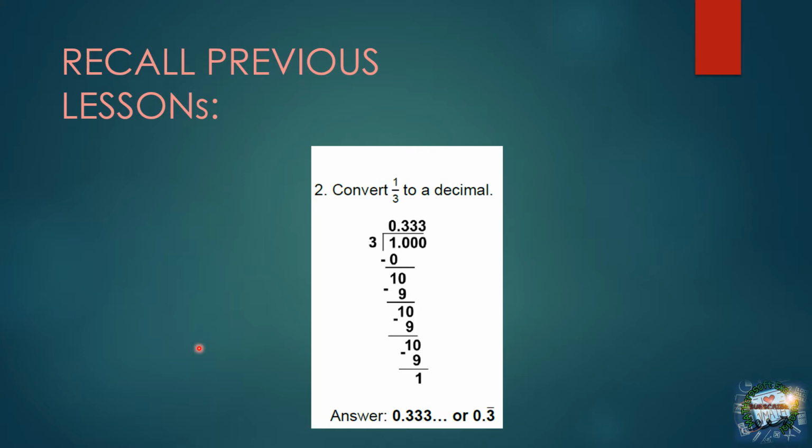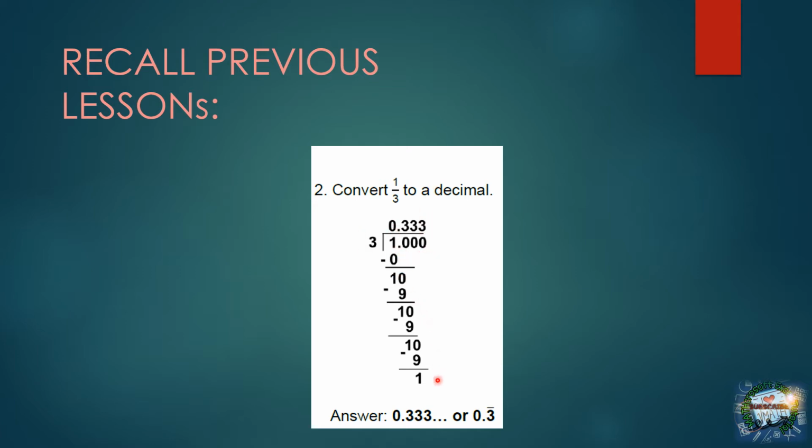Next is to convert 1/3 to a decimal. Again, 1 will serve as our dividend and 3 will serve as our divisor. So that's 1 divided by 3. You cannot divide 1 by 3, so maglalagay tayo ng 0. Then add zeros, then 10 divided by 3, so that's 3 and so on. So divide, multiply, subtract.